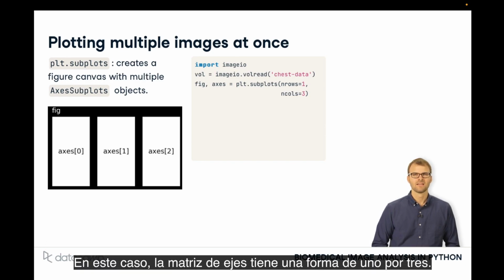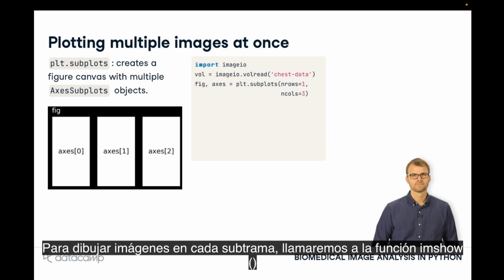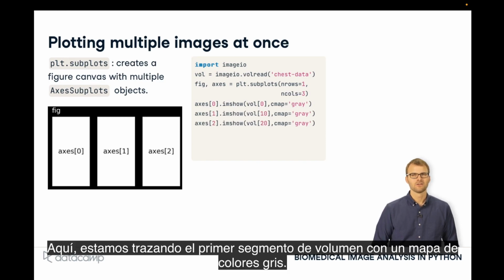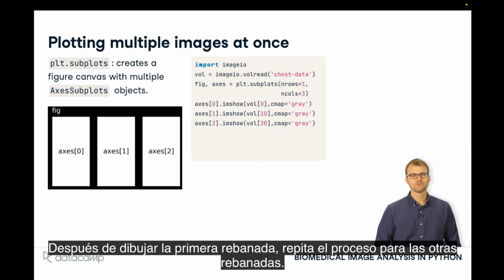In this case, the axes array has a shape of 1 by 3. To draw images on each subplot, we will call the imshow function directly from the axis object, rather than calling it through pyplot. Here, we're plotting the first slice of vol with a gray color map. After the first slice is drawn, repeat the process for the other slices.